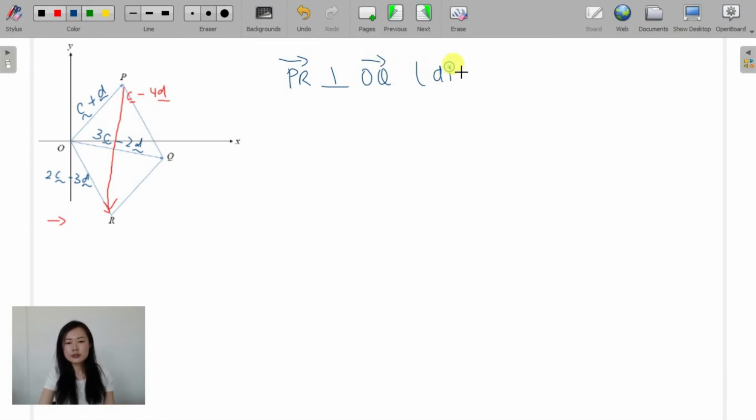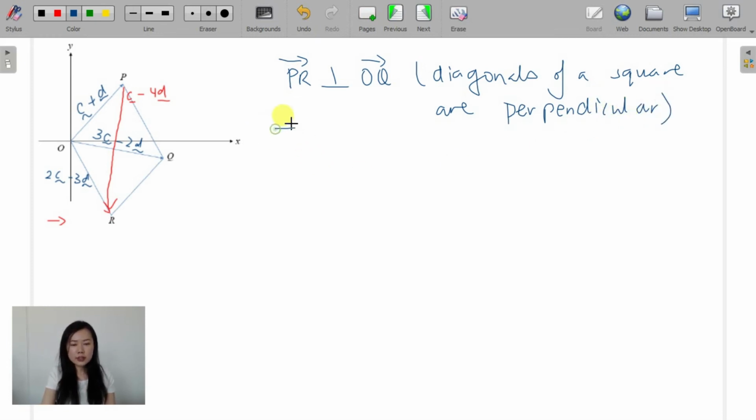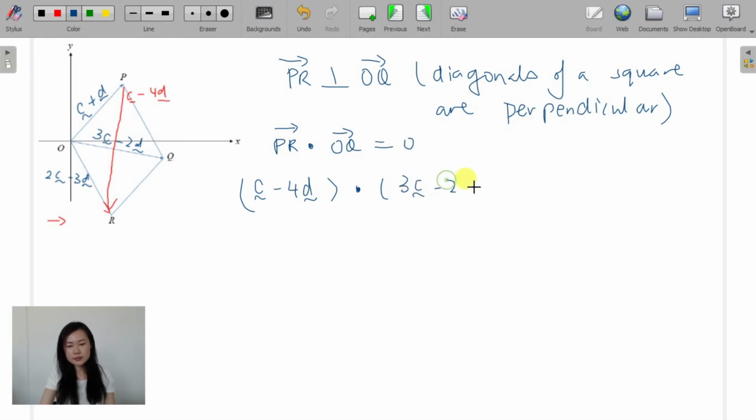Yeah, the diagonals of a square are perpendicular. Okay, so in other words, that dot product should equal 0, and they represent that. Again, just expanding it out.